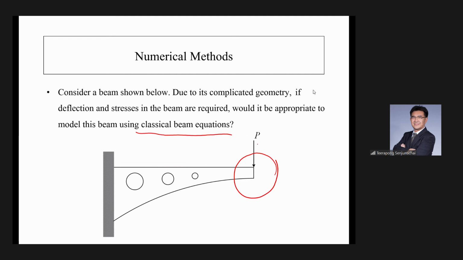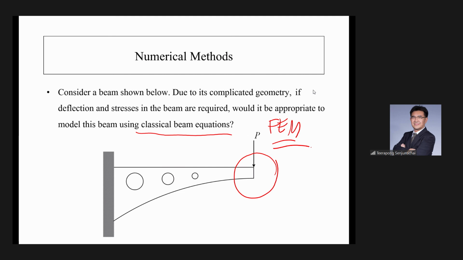It depends on what you want. If you want just an approximate solution, maybe it's okay. You can get roughly what it would be. But if you want the really accurate one, maybe it would be a good idea to use a numerical method, especially FEM, to solve this problem.